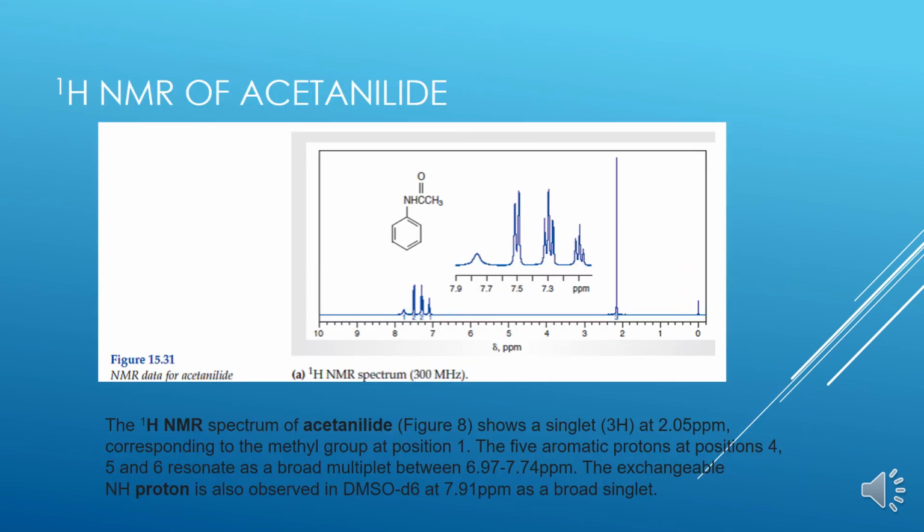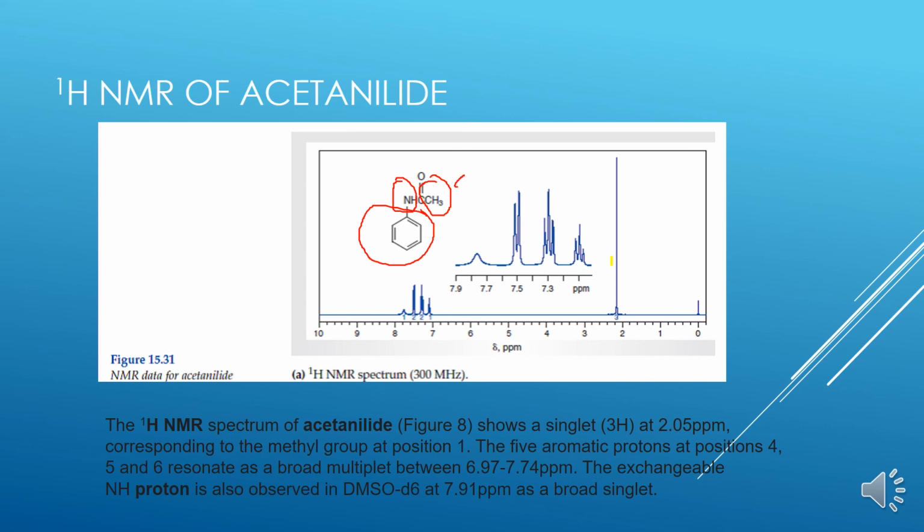Now let us discuss another NMR, the proton NMR of the acetanilide molecule. Here aromatic protons are available, methyl protons, and one more, NH protons. So three different kinds of protons are available here: aromatic protons, NH protons, and CH3.